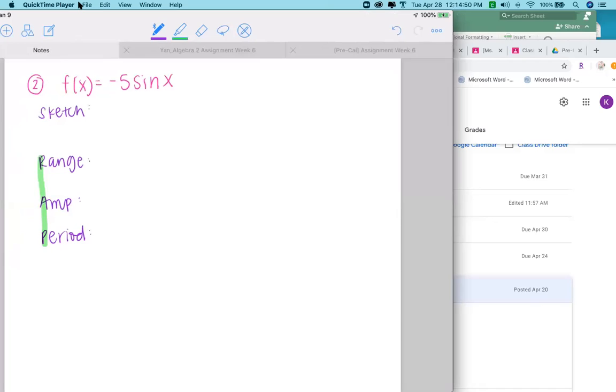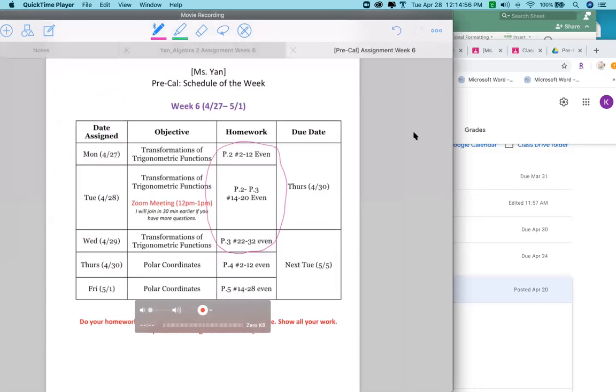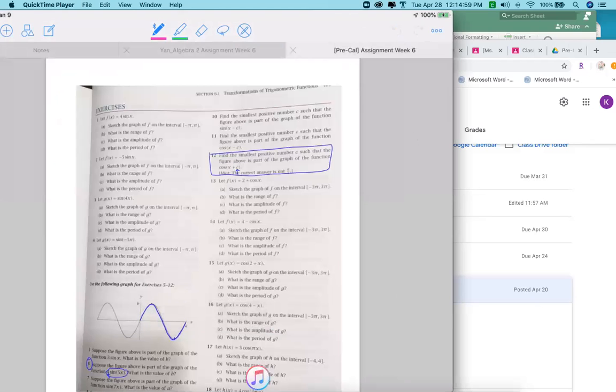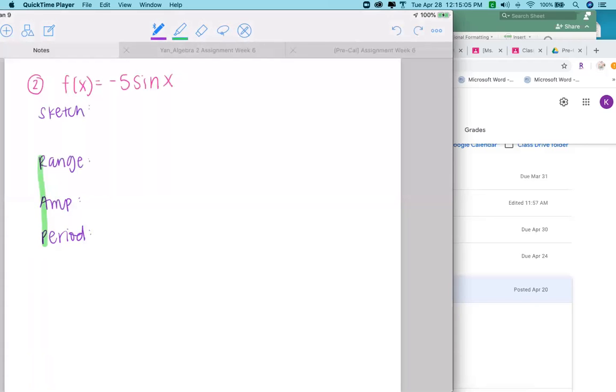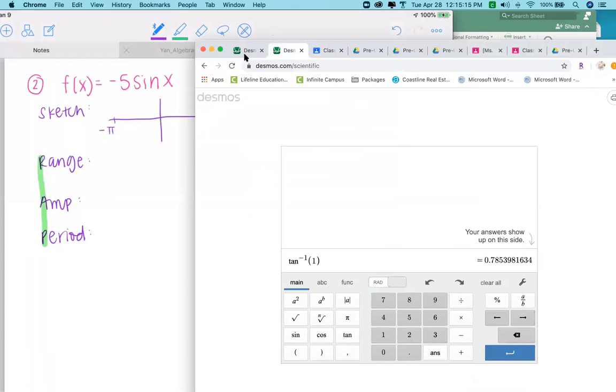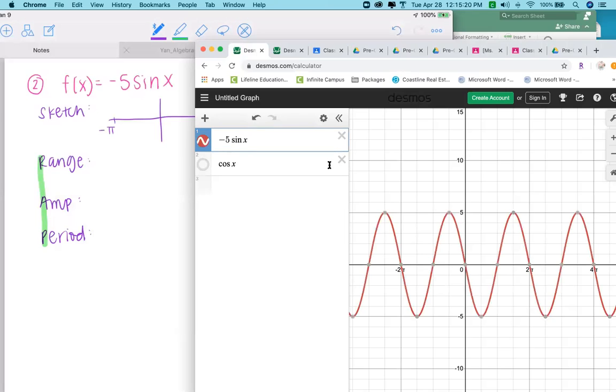So sketch. You are sketching from negative pi to pi. I'm gonna set up a negative pi on this side and a pi on the other side. You really just gotta go to decimals and just type it in. I'm gonna type -5 sine x.